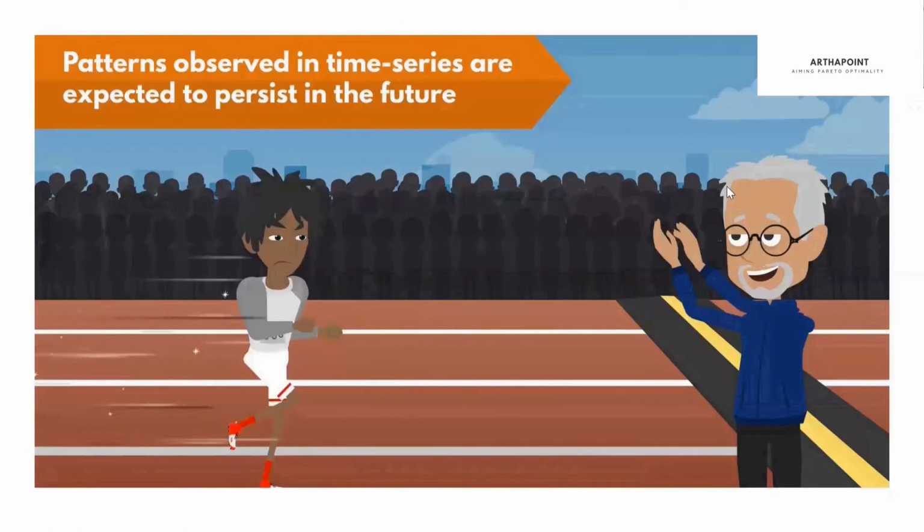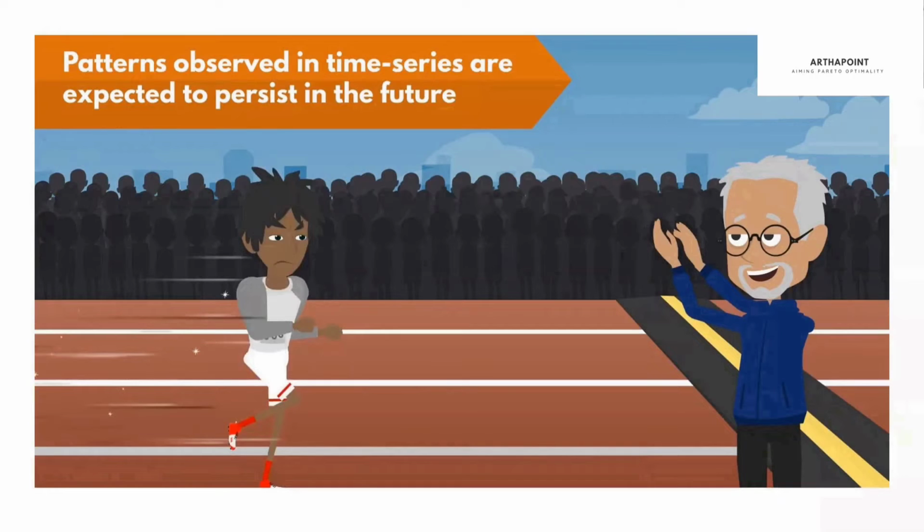Now, why do we want to do time series modeling? The answer is that usually whatever patterns we observe in time series, they are expected to persist in the future. So if I see that there is this player who is reducing the time that he takes to complete a lap, that will further reduce in the future.